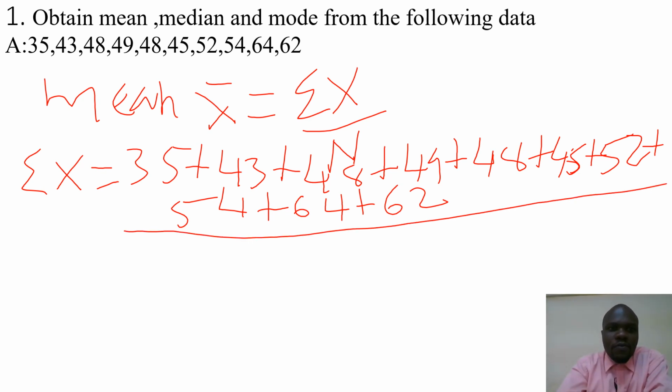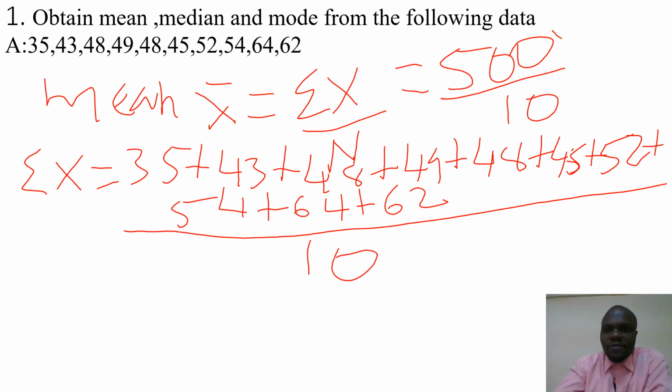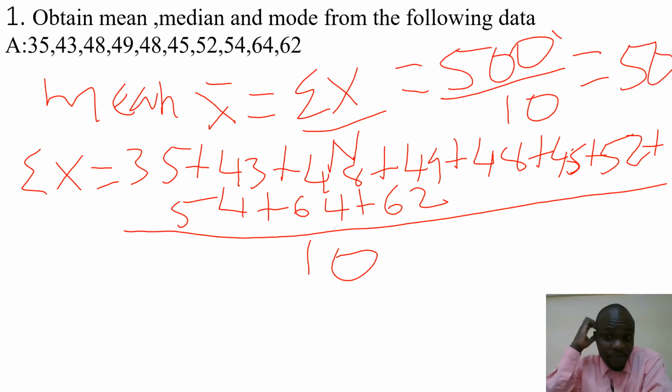We have 1 2 3 4 5 6 7 8 9 10, so divided by 10. If I add all these, I get 500 divided by 10, which gives me the mean of 50. That is how I can get the mean.